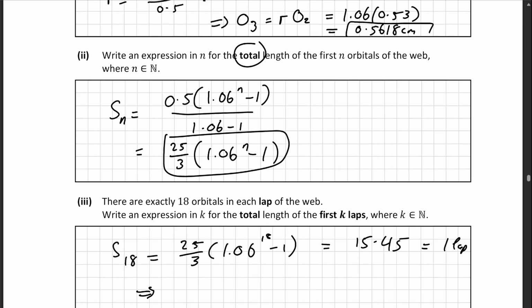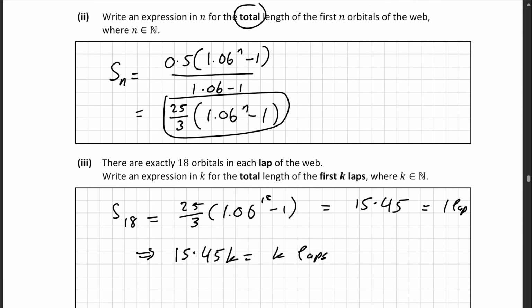So that implies that 15.45k equals k laps. Oh no, that's not going to work. You can't just do it linearly because it goes up in a geometric series.